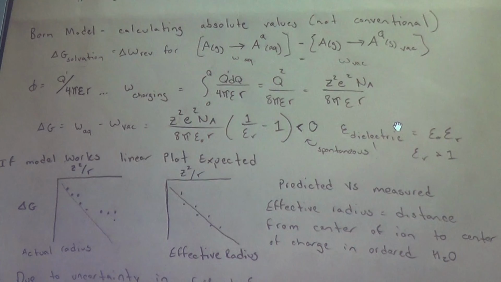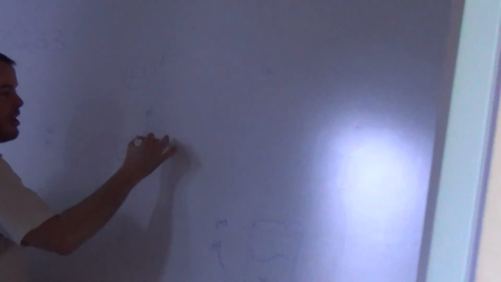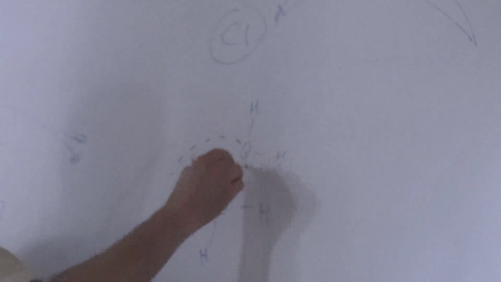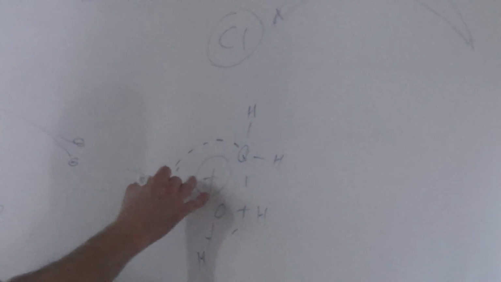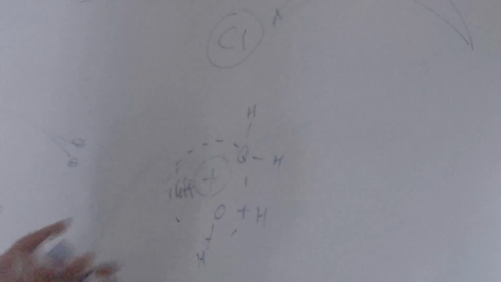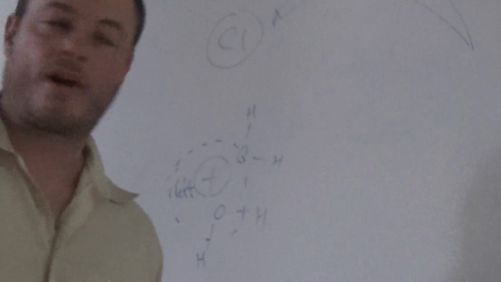So a positive ion is solvated by water molecules, and once it's solvated, it ends up transferring as one complete structure, and so it has an R effective that depends on whether it's positive or negative and how the water molecules are oriented around it.